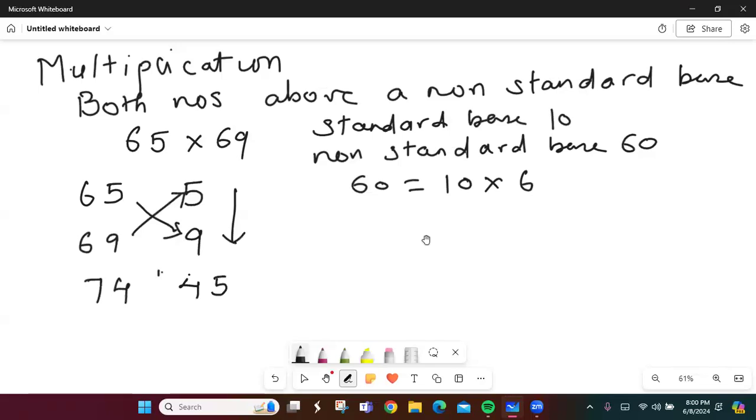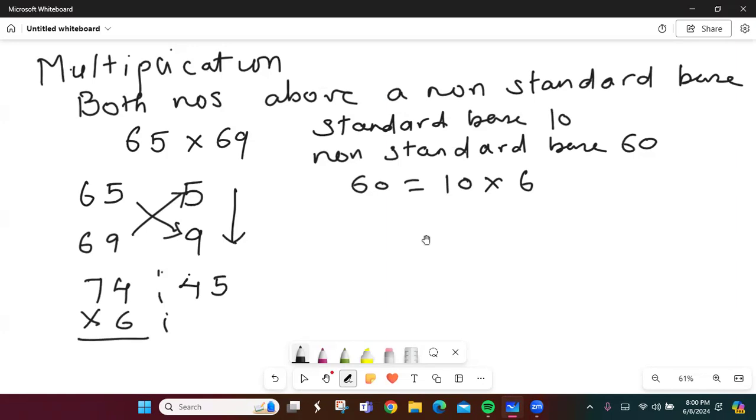Now, keep it in mind that here, the first cell, the number to the right of the partition, represents the units place, and the units place remains same in any base. But second number in the left partition is a number that is in base 60. I want to change it to the standard base 10, and 60 is 6 times 10. So I will multiply 74 by 6.